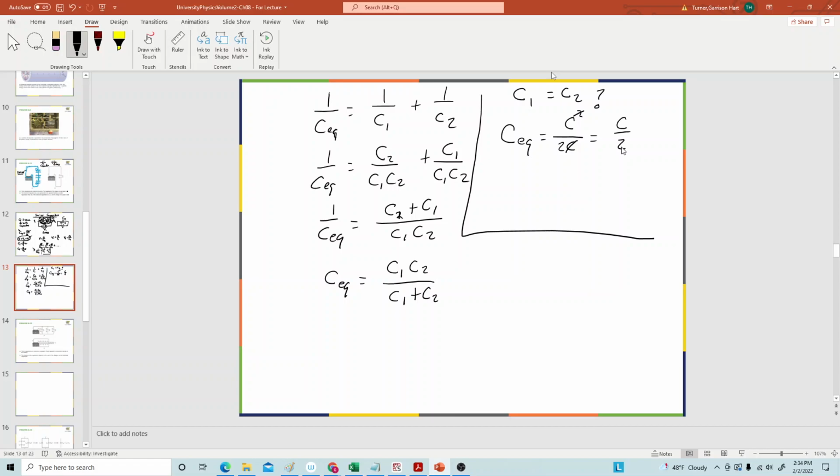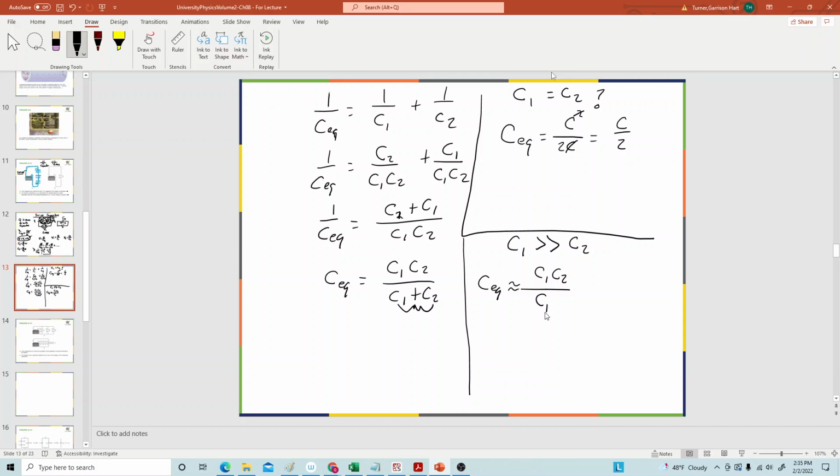And as another example, what happens when there are extreme differences? So one might be much larger than the other. Okay? What if C1 is much, much larger than C2? To a good approximation, if that's the case, then I still have C1 C2, but in the denominator, if C1 is much, much larger than C2, then the sum is effectively equivalent to C1, right?